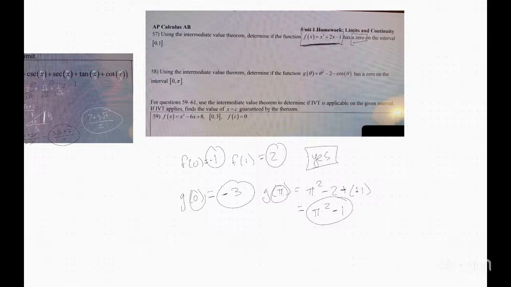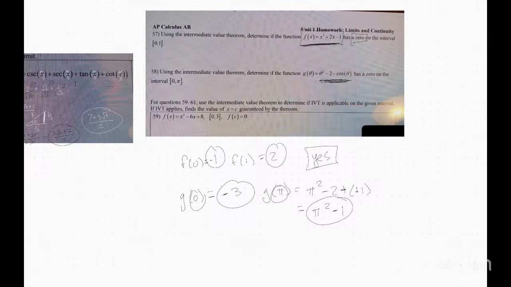Now, the only other tricky thing is make sure that it is continuous on that interval. Part of the intermediate value theorem says that in order to be able to use it, you have to prove that it is, what is it, differentiable and continuous, or just continuous? I forget. I think it's just continuous. You have to look it up. I don't remember off the top of my head. But this is differentiable, so that's fine if that was a condition.